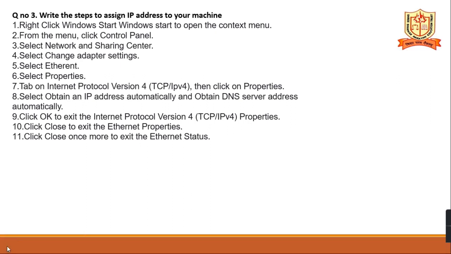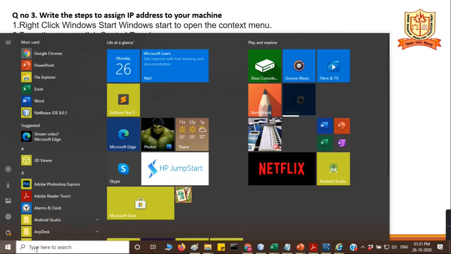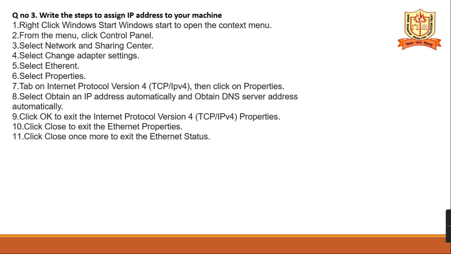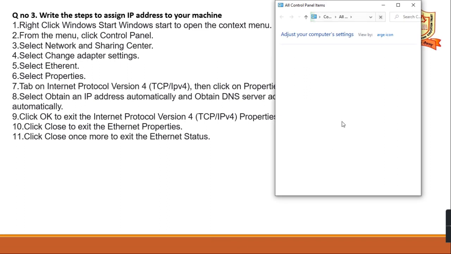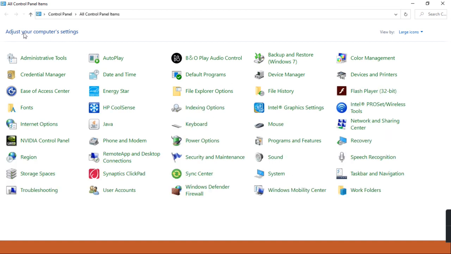So just click here, and then control panel, otherwise control panel, see, control panel, and then network and sharing center.